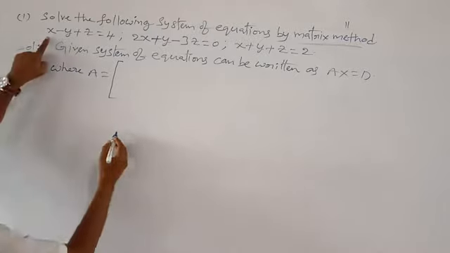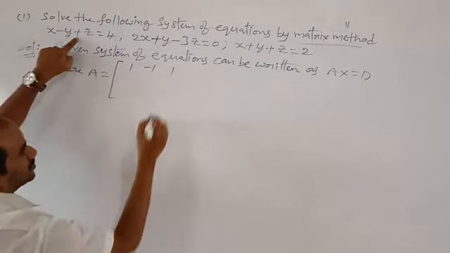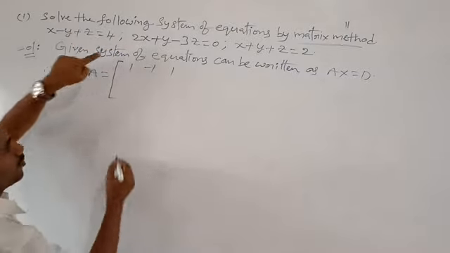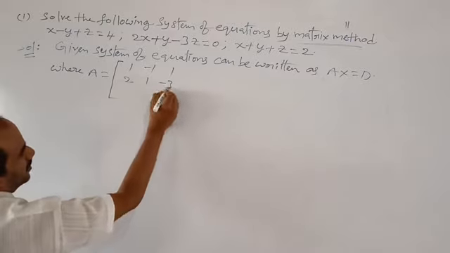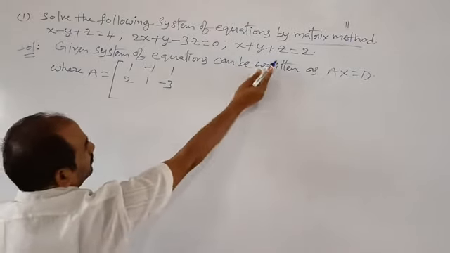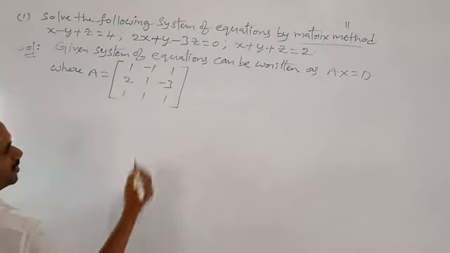In this coefficient matrix, the first row coefficients are 1, minus 1, 1. The second row coefficients are 2, 1, minus 3. The third row coefficients are 1, 1, 1. This is the coefficient matrix.